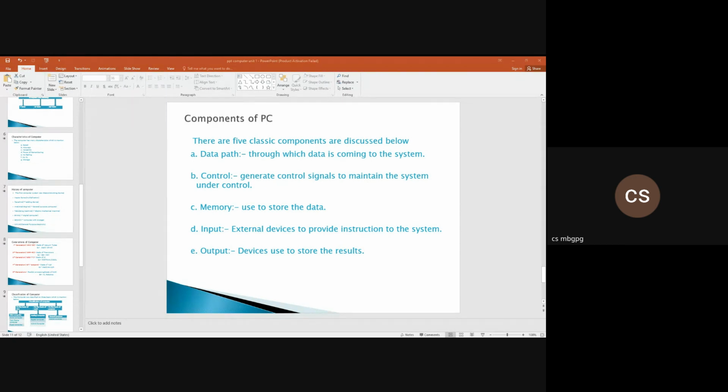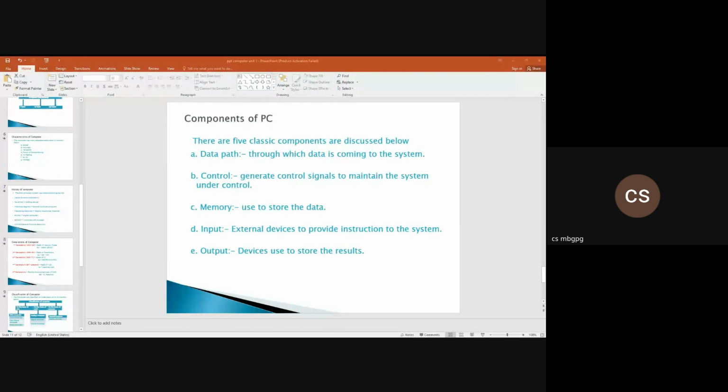When it starts its execution, it comes into the primary memory. So memory is used as a working storage for temporarily storing the data and intermediate results that are generated during the program execution.